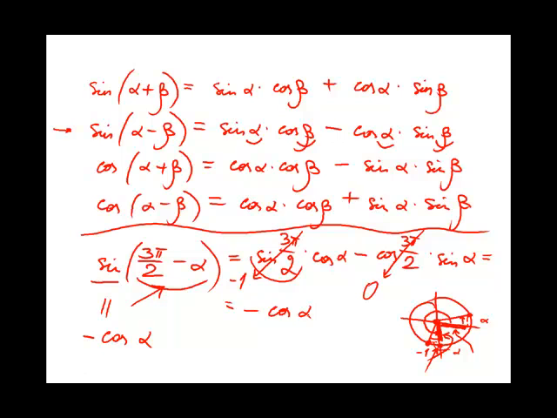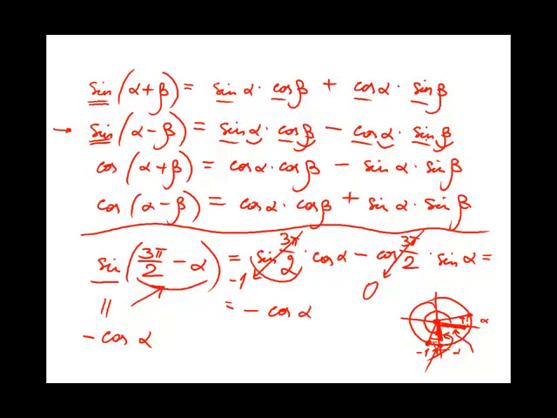Now, finally, before we go to the next topic, how you memorize these formulas. When you have sine of a sum or difference of two angles, then in the right-hand side you have sine cos, cos sine.